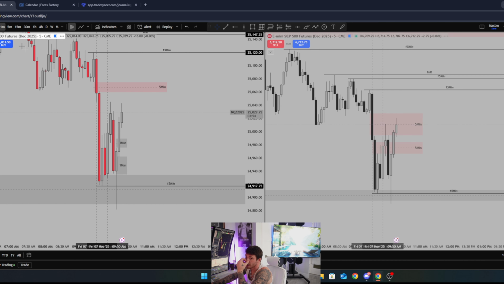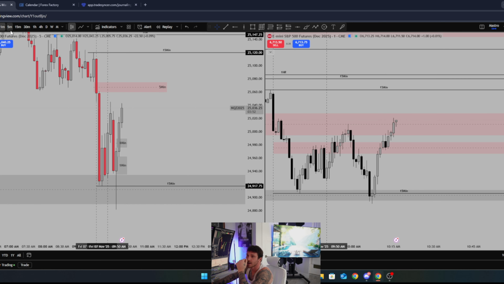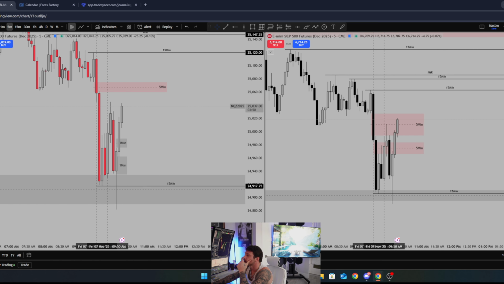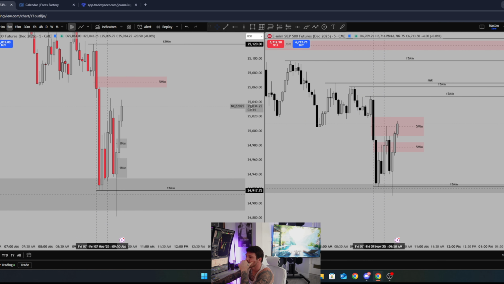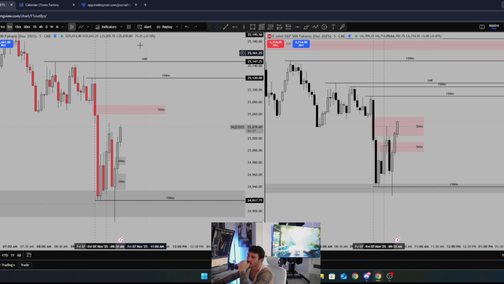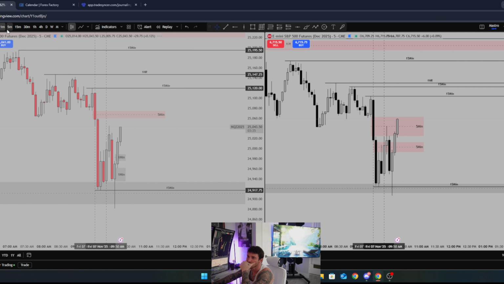This is a good spot for a first take profit at this 5 minute high. Just pay attention to this too and see if ES already took it out. I think we're going to come up for all these draws above.